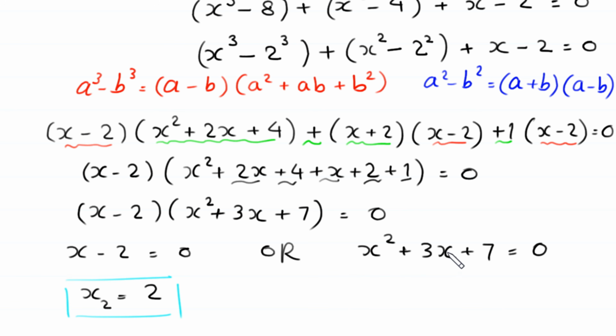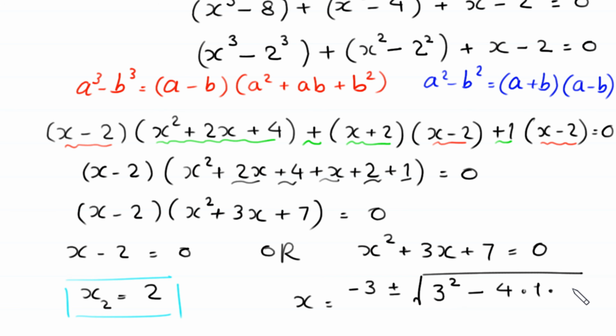Now this quadratic equation is not factorable, so we solve it by quadratic formula. According to quadratic formula, x is equal to negative 3 plus or minus square root of, in place of b squared we write 3 squared, minus 4 times a is 1 times c is 7, divided by 2 times, in place of a we write 1.